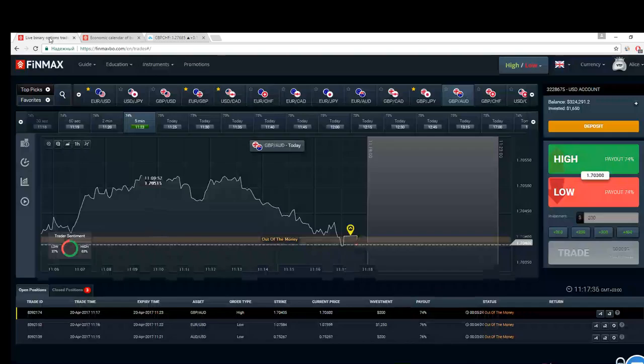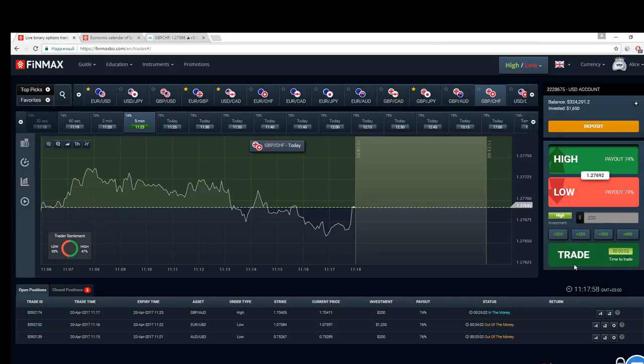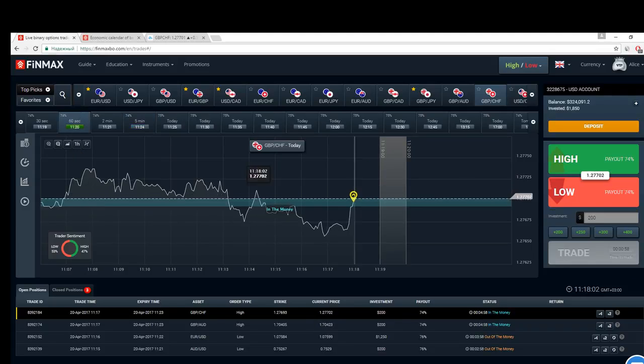Also British pound to Swiss franc for high for 1 minute. Interesting. Okay, I opened for 5.